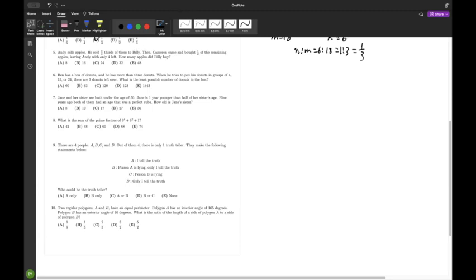Did everyone try this problem? Yes or no? Oh, okay. So I don't think everyone tried this problem yet, but okay. Thank you for telling me. So not everyone attempted this problem.